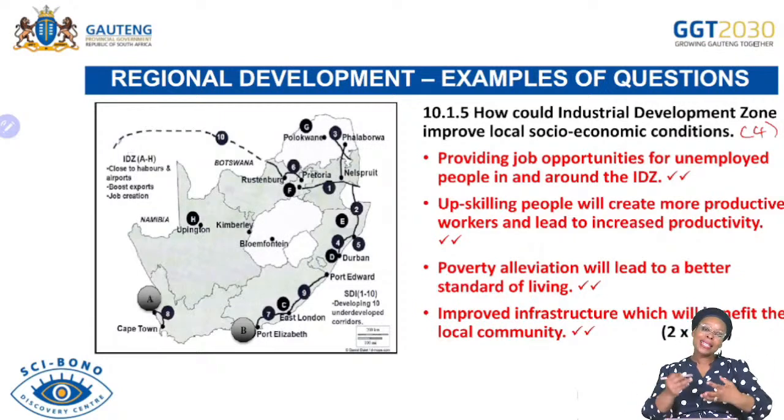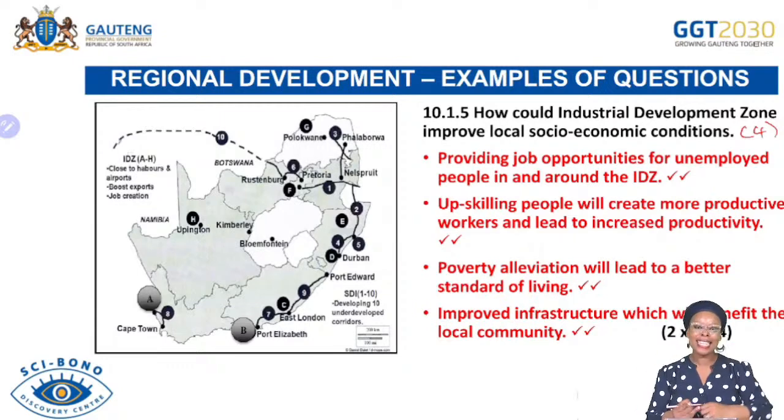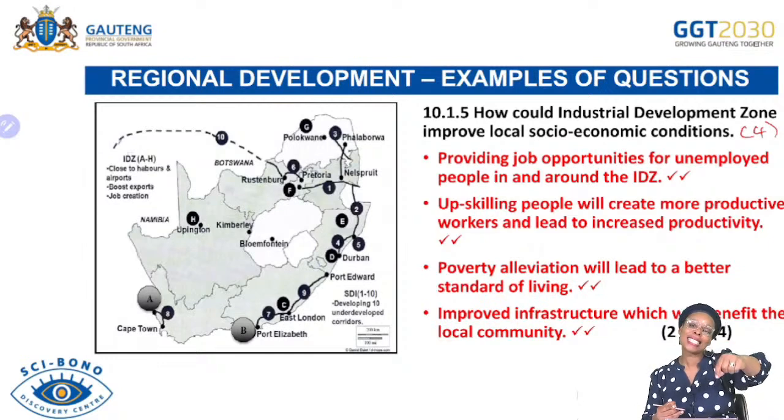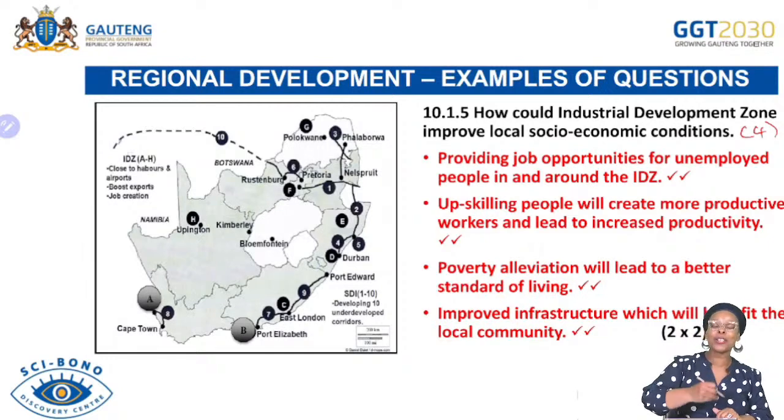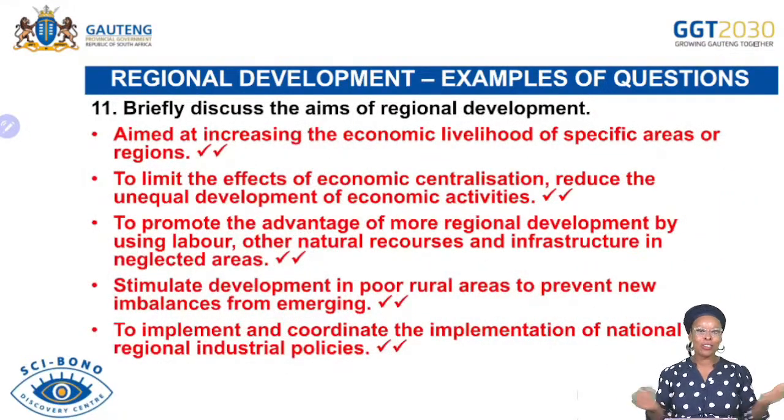You can also mention that it improves the skills of the people who are employed in an IDZ. It can also alleviate poverty by improving the standard of living, and the very same improved infrastructure for the IDZ can also be used by the local people of that area. You get your 10 out of 10, as simple as that.